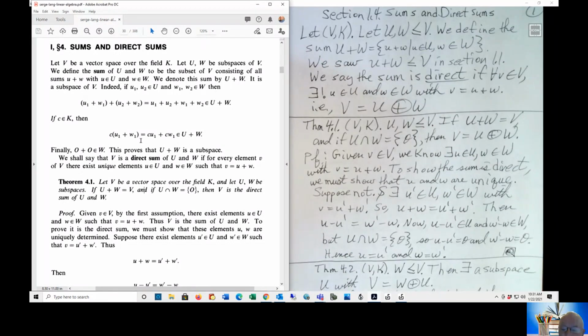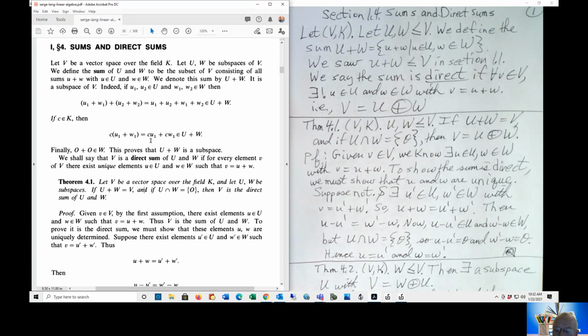The sum U plus W is the set of all vectors u plus w, where u is in U and w is in W. We saw that in section 1.1. And we have also seen that the sum is a subspace of V. That was a turn-in homework.